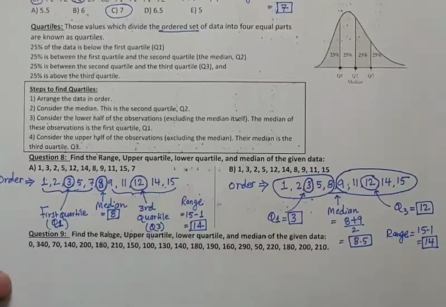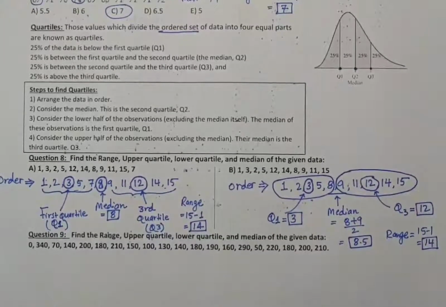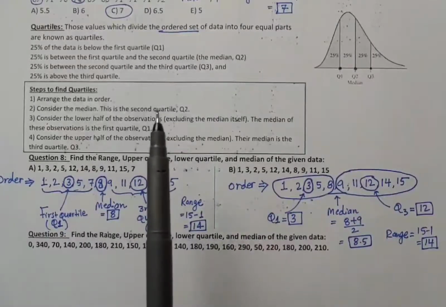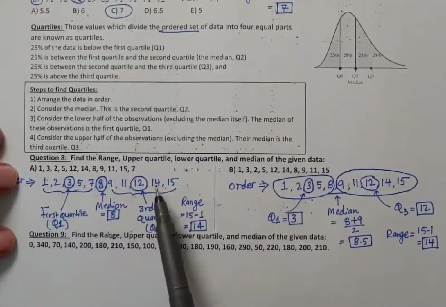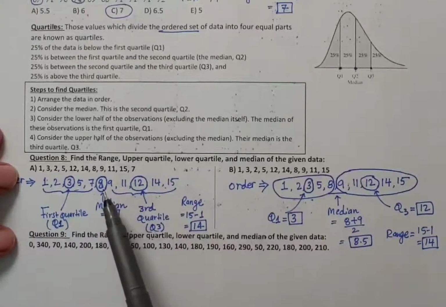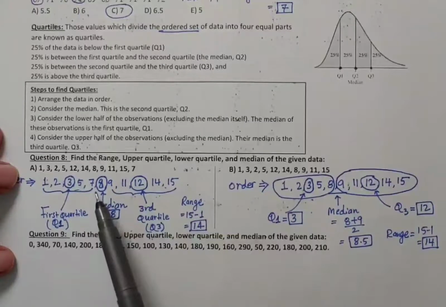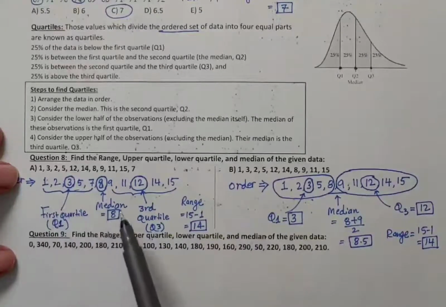Okay, see that. The difference is when you find the median, then look at that number. If the median is in the data, basically if you have an odd number of data, then you will get the median in the data. If you have an odd number of data, you don't include the median to count the first and second half.